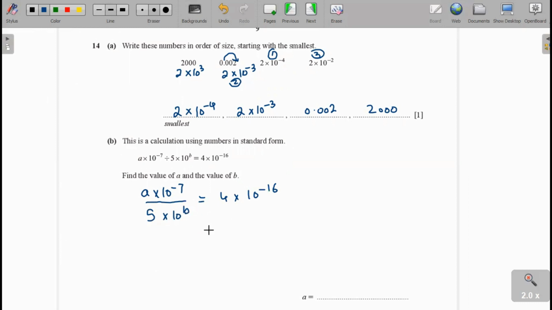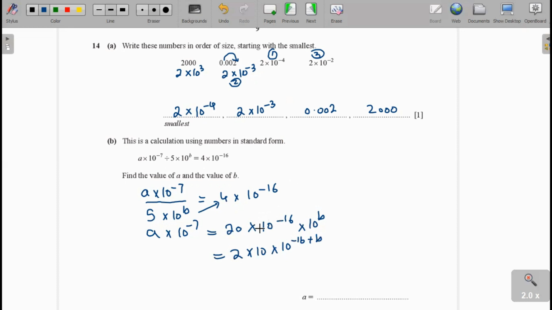Now we cross multiply, 5 times 4 is 20, multiply 10 power minus 16, multiply 10 power b, that is equal to A multiply 10 power minus 7. Now we can write it 2 into 10 power minus 16 plus b.